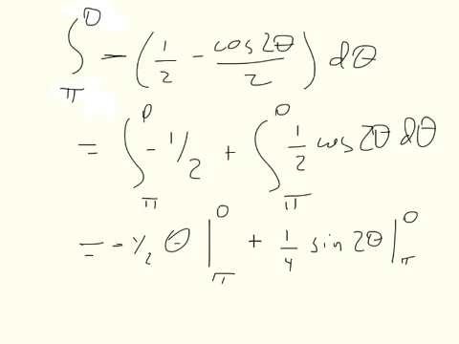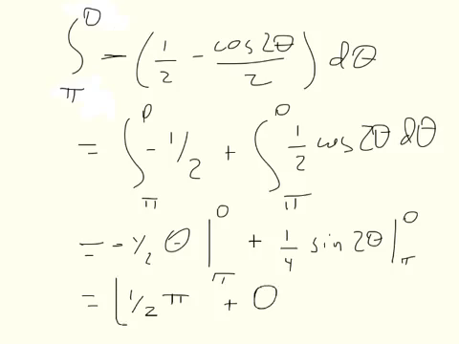Okay, and now we're ready to substitute in all our limits and find our final answer. This is equal to, we'll plug in a 0 and get 0, and then minus negative 1/2, so we get a 1/2 pi, plus we put a 0 in, and sine of 0 is 0, and sine of 2 pi is also 0, so plus 0.